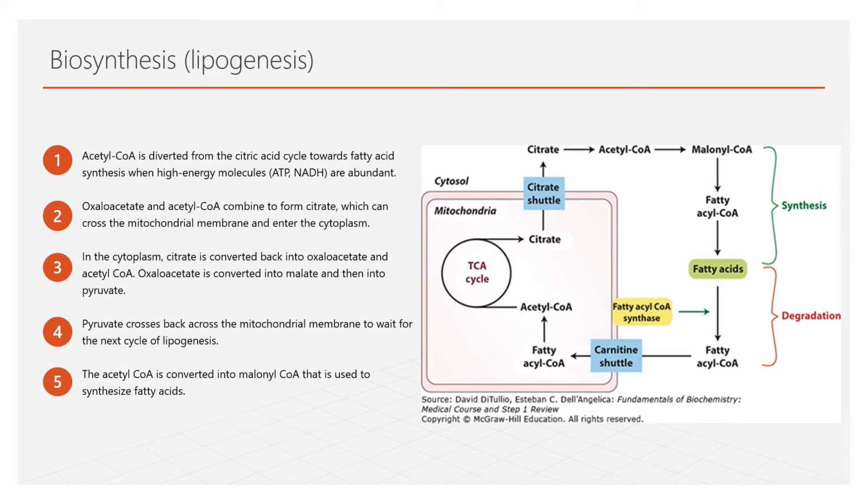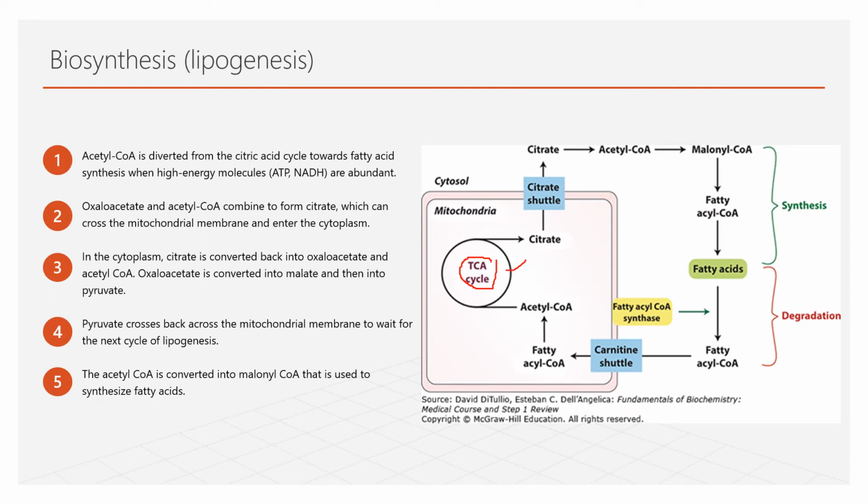Earlier we looked at the process of beta oxidation, or lipolysis, the breakdown of fatty acids to yield energy. So what happens when there is an abundance of high energy molecules such as ATP and NADH? In this situation, the acetyl-CoA from the citric acid or TCA cycle will be diverted towards fatty acid synthesis.